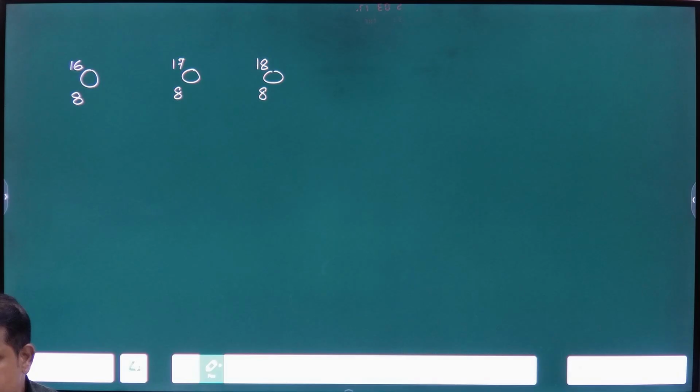Listen, which factor determines the physical properties? Mass number. Yes, mass. And the physical properties of the isotopes of an element are different. Give reason.